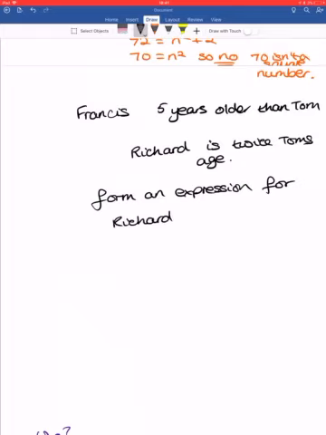So, if we put F for Francis, T for Tom, and R for Richard. Francis is Tom plus 5, and Richard is twice Tom's age. So Francis minus 5 is Tom's age.